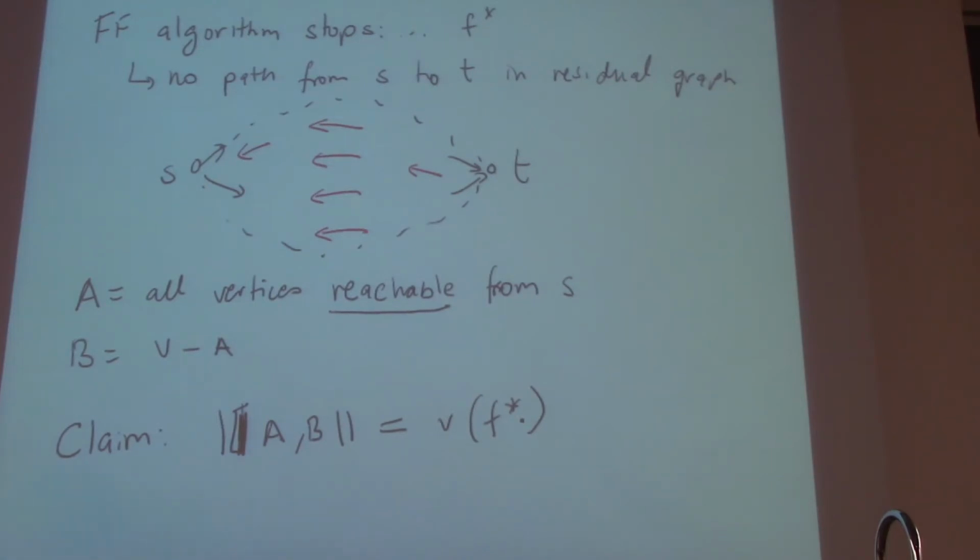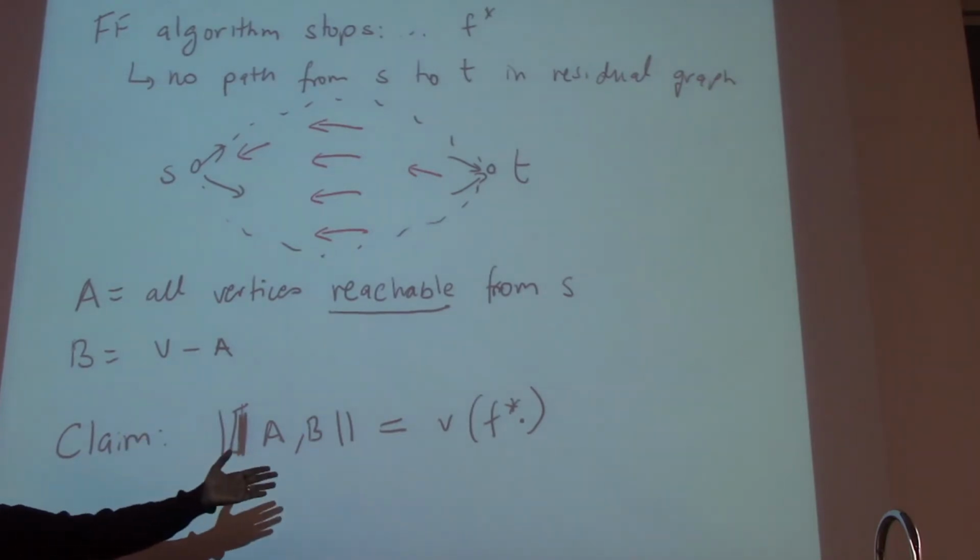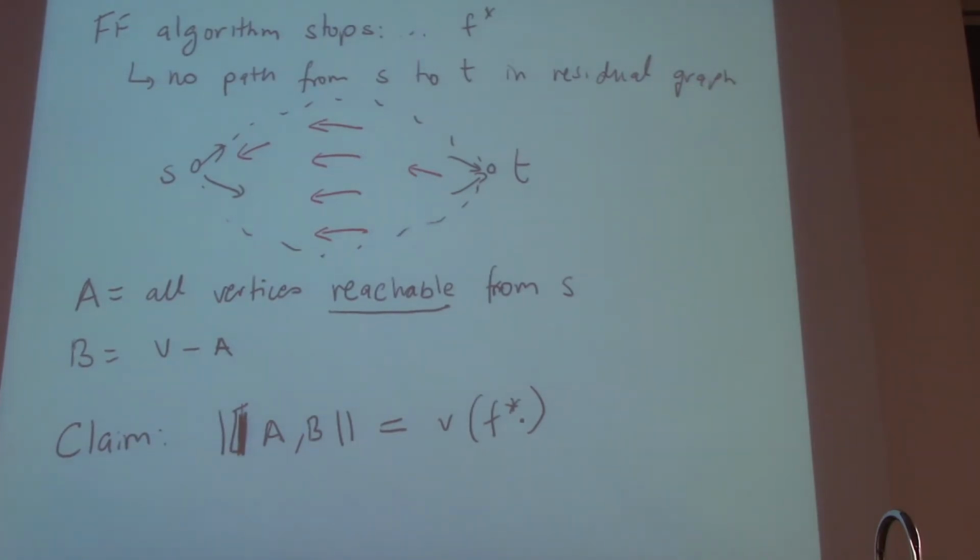Therefore proving that this flow is optimal. So before I go ahead and prove this, hopefully you believe that if in fact I were to prove this, I'm done. I constructed a cut, it's a valid S-T cut. I know that any flow is less than or equal to any cut, and I'm going to show that these two are in fact equal. So I've matched them. Yes?